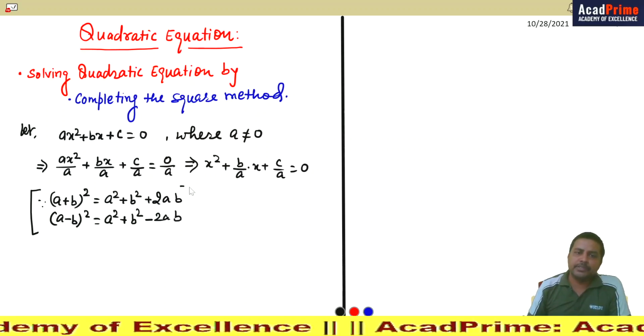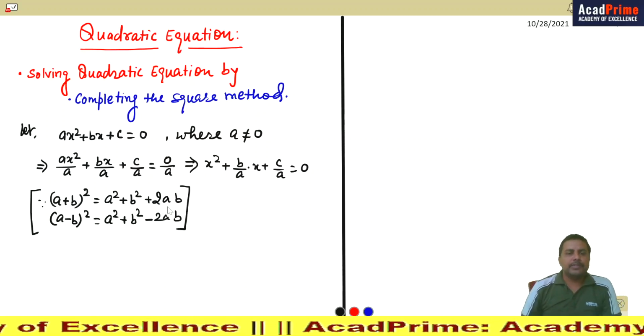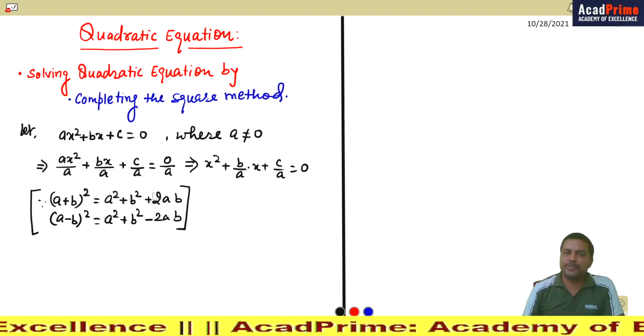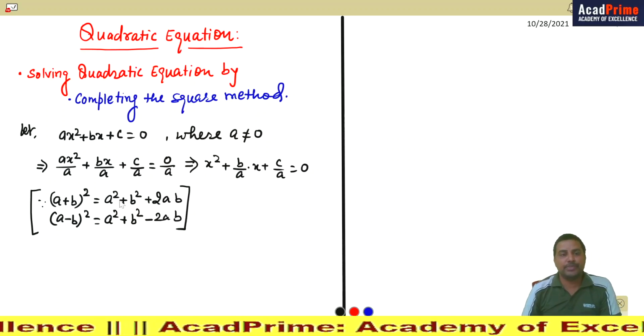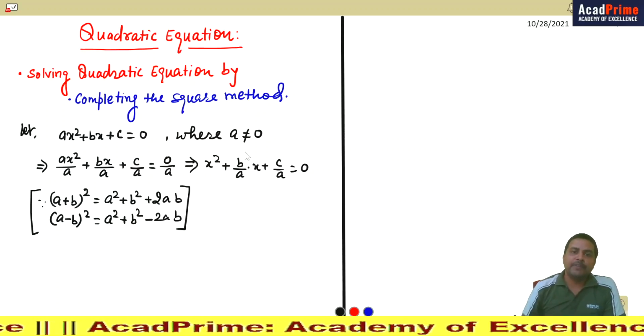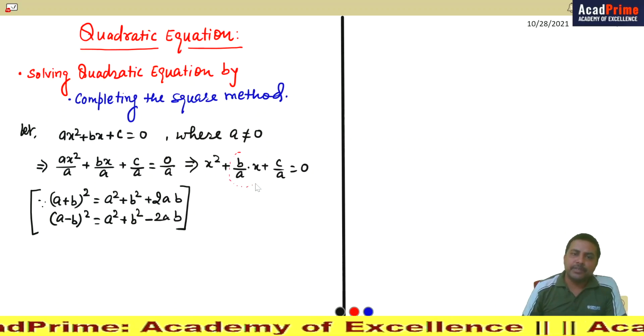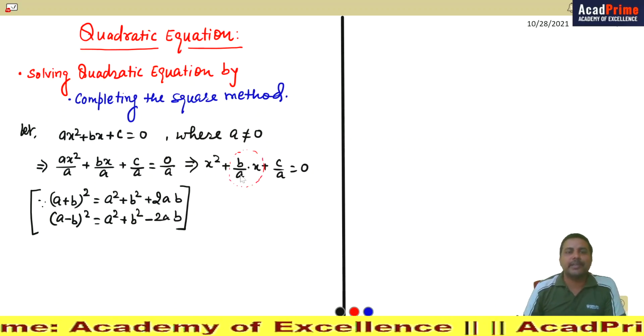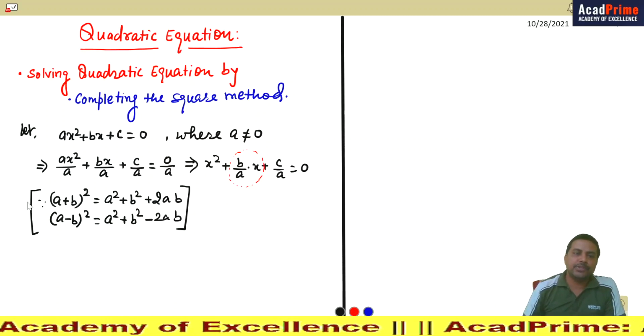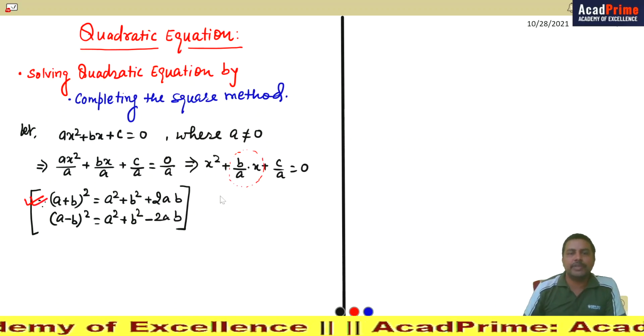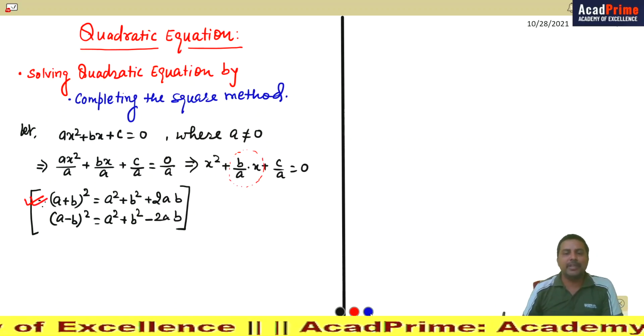You see this? To convert this expression into either a plus b whole square or a minus b whole square, we have to see the term containing the x. The term containing x is positive, so we just focus on this. That means we need to convert it into the form a plus b whole square.